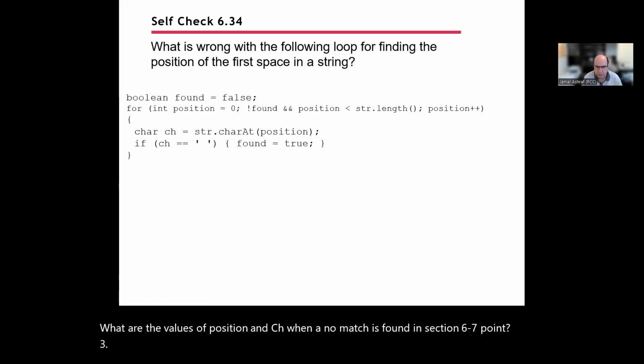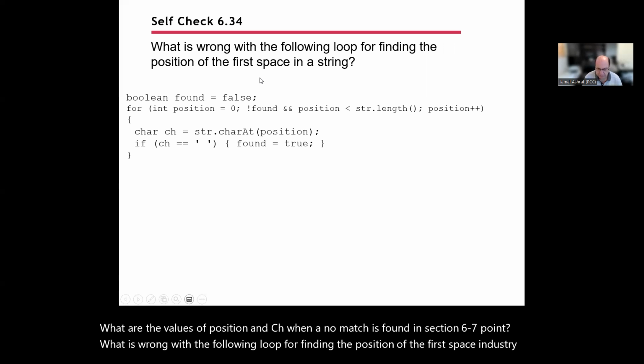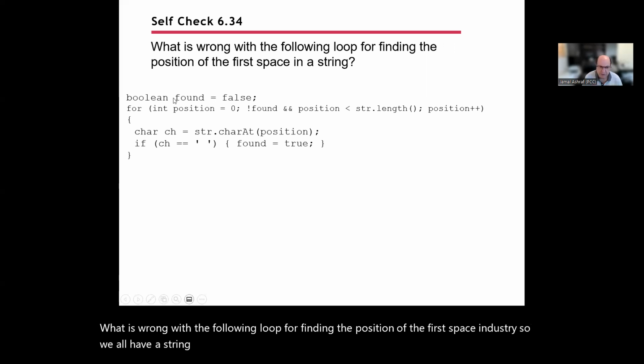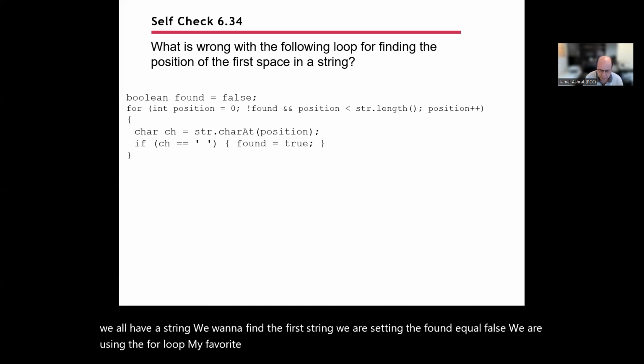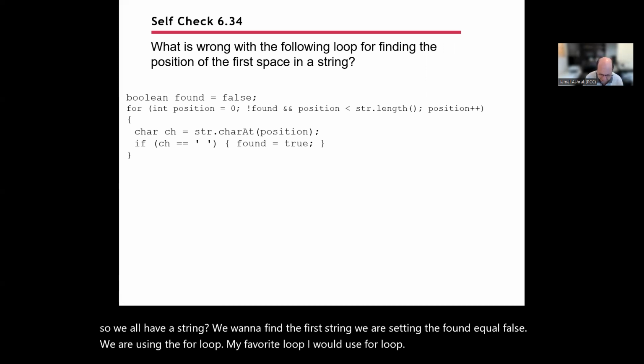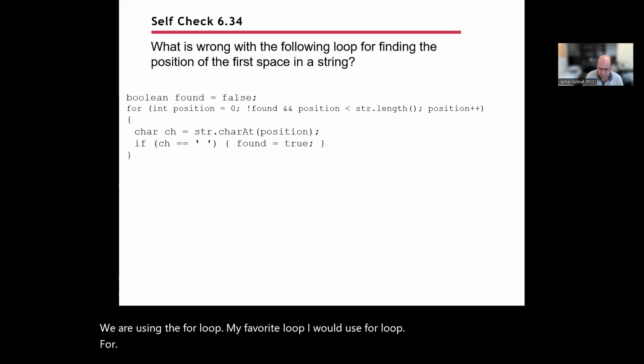What is wrong with the following loop for finding the position of the first space in the string? So we have a string, we want to find the first space, we are setting found equal to false, and we are using the for loop, my favorite loop. I would use a for loop for anything that I can. My first choice for the loop would be a for loop.